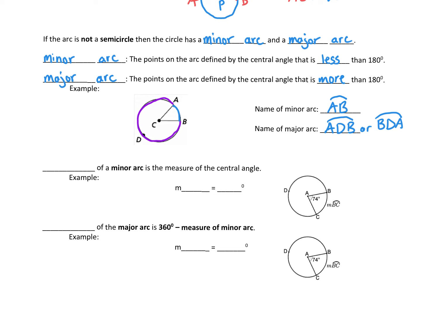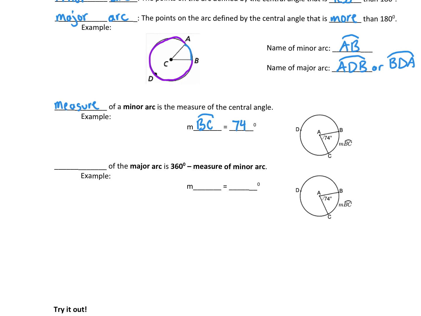The measure of a minor arc is the same measure as the central angle. So here, if you look at this picture on the side, the measure of the minor arc, the small one, BC, is the same as the central angle, which is 74 degrees.